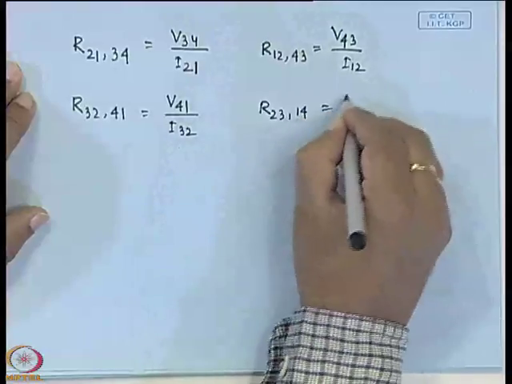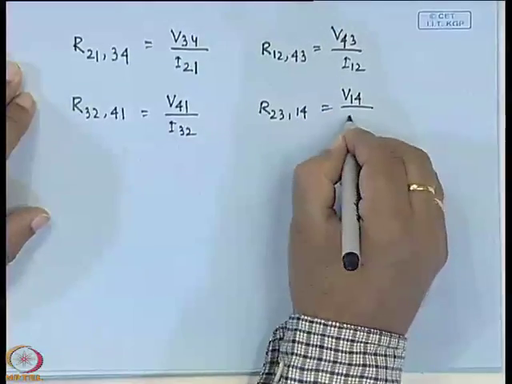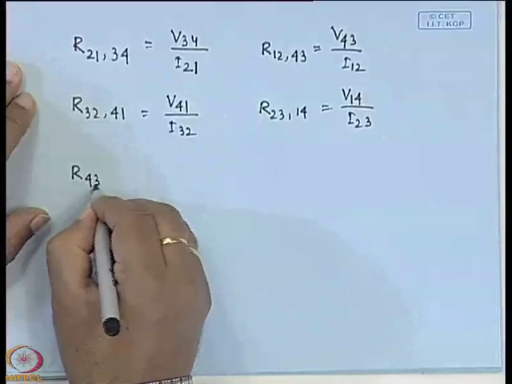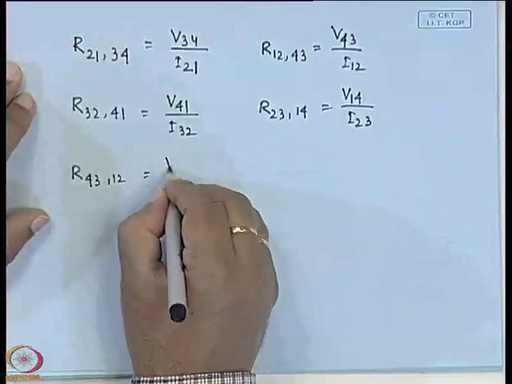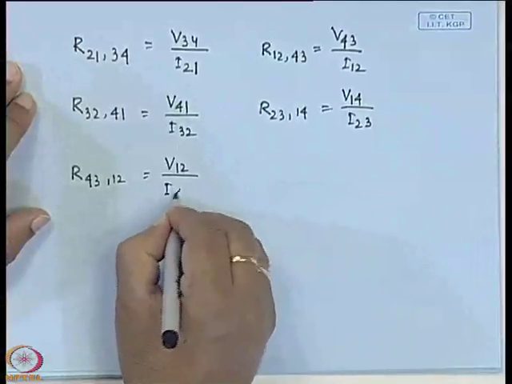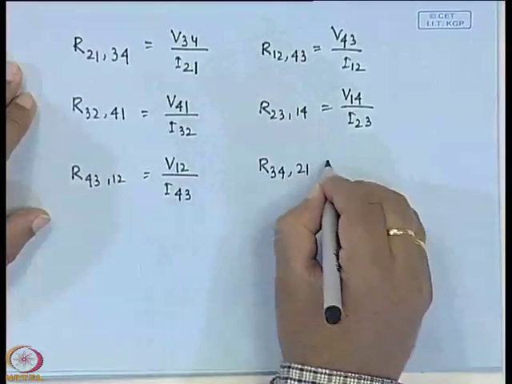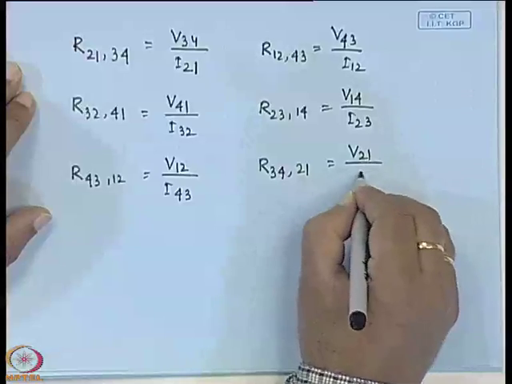R2314 is V14 by I23. R4312 equals V12 by I43. R3421 is V21 by I34.